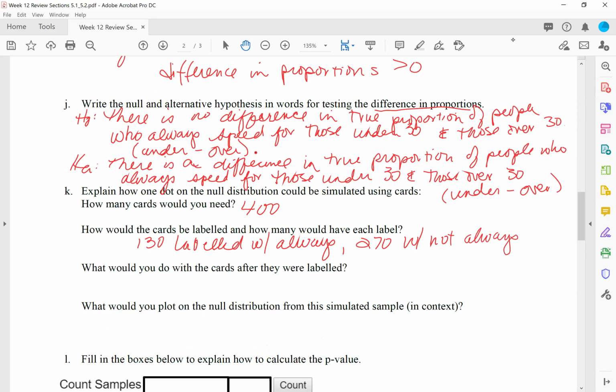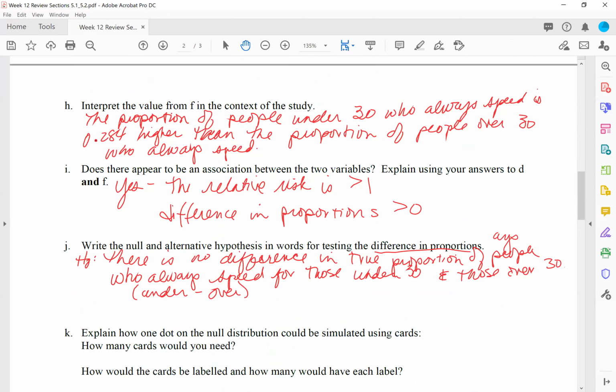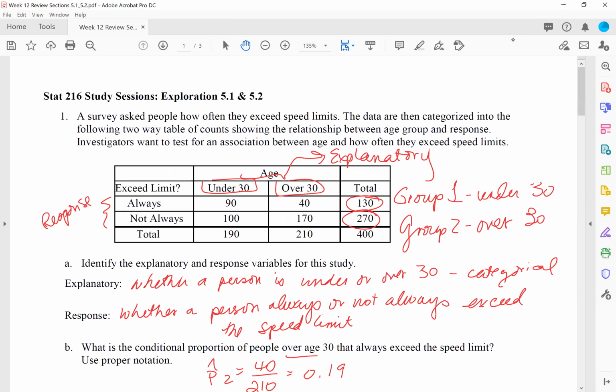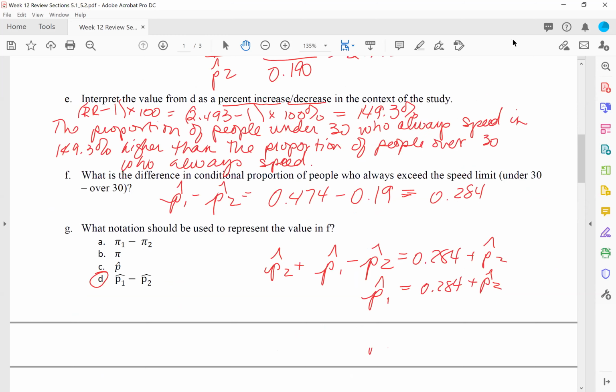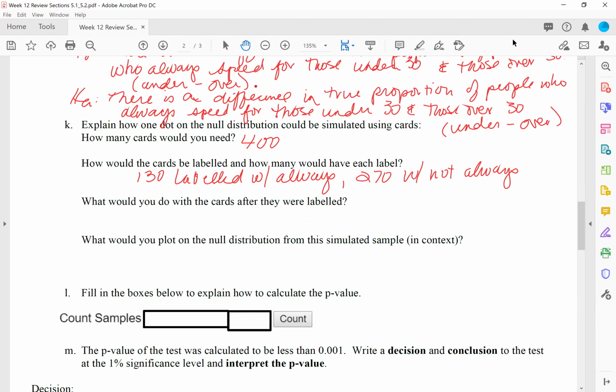So this represents our response variable. If you look at that two-way table again, you can see that that's this 130 and the 270. And next we're going to put them into two piles representing the explanatory. So 190 and 210. Because remember, when we're creating the null distribution, it doesn't matter which group our cards end up in, because we're assuming there is no association.